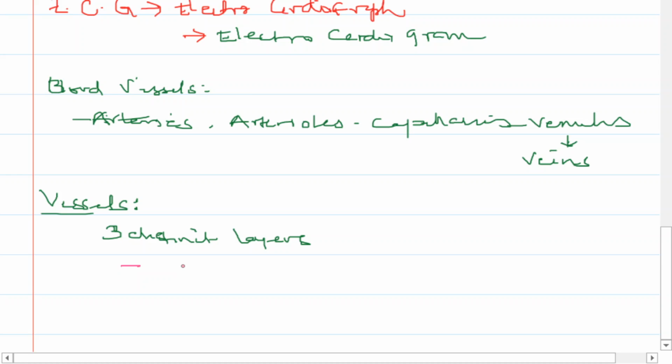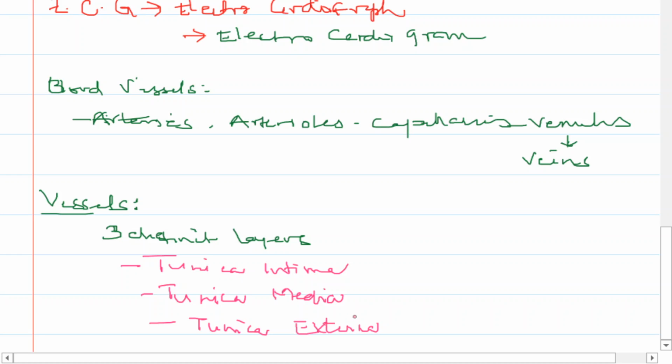The first one is the tunica intima. The next is the tunica media. I need to practice writing a little bit better. And tunica externa. These are the 3 layers, which are found in that order, coming from the inside to out.